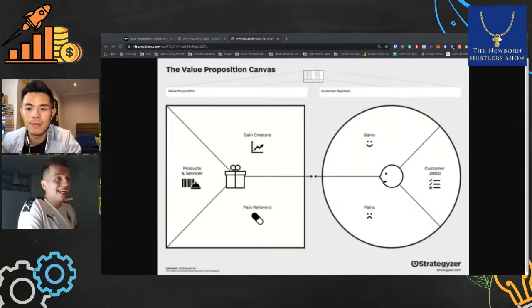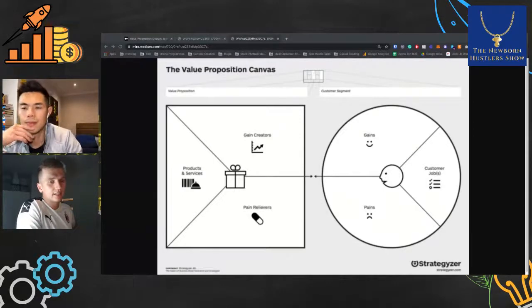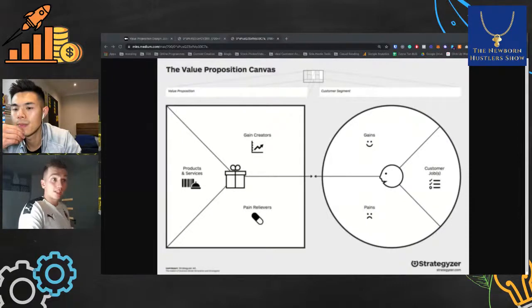When it comes to pain relievers, these have to be corresponding features or benefits that your product or service will deliver to your customer, corresponding to the pains that they have.